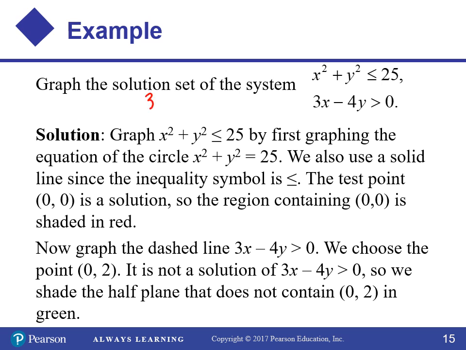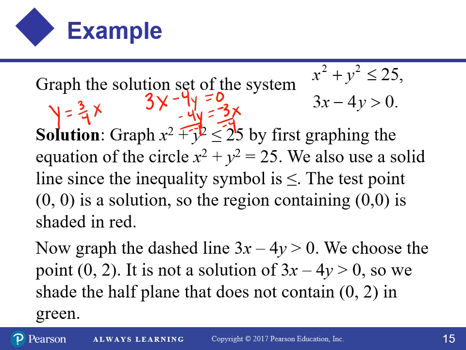So I'm first going to look at it as if it was 3x minus 4y equals 0 for just a minute. If I bring the 3x to the other side, negative 3x, and then divide by a negative 4, well, those negatives are going to cancel out, and I would be left with y equals 3/4 x.